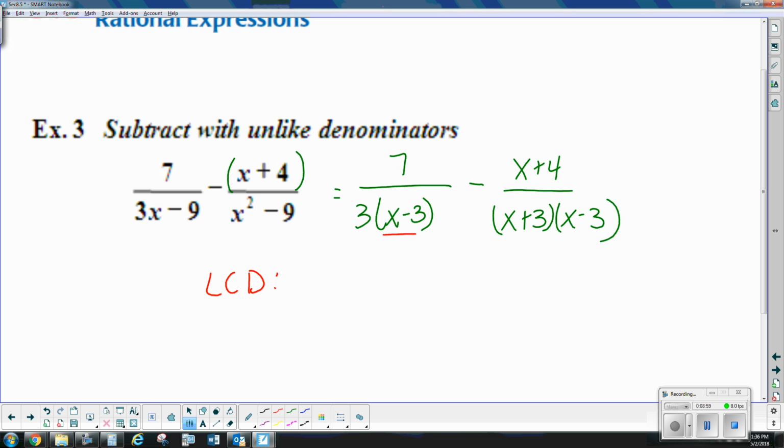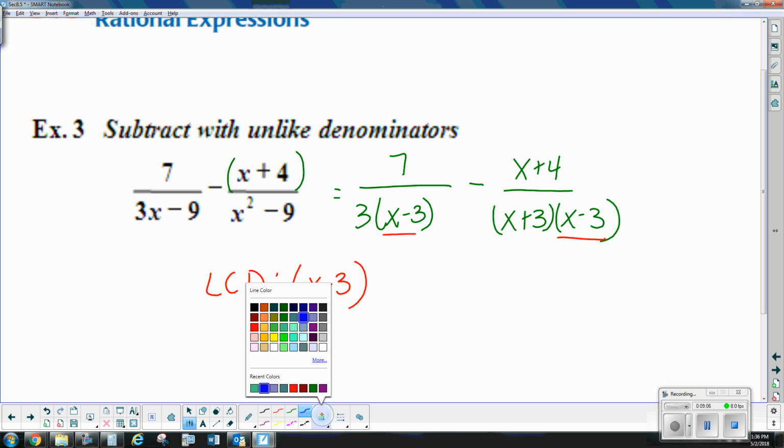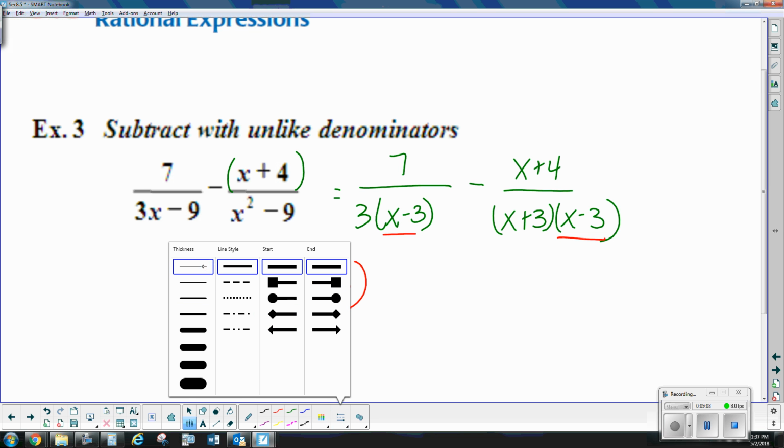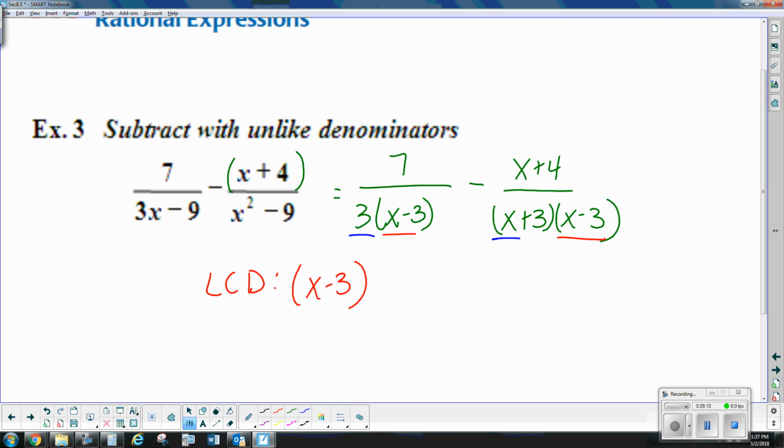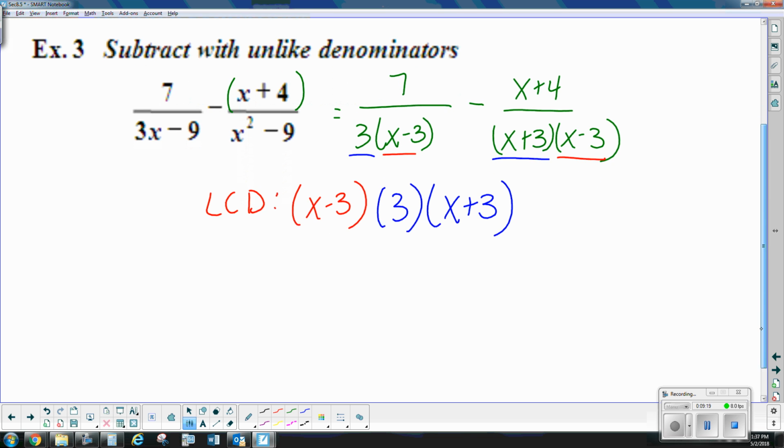So we do have a common factor in both of our denominators, and that's x minus 3. And then we have an uncommon factor in the denominators. So here's our least common denominator.